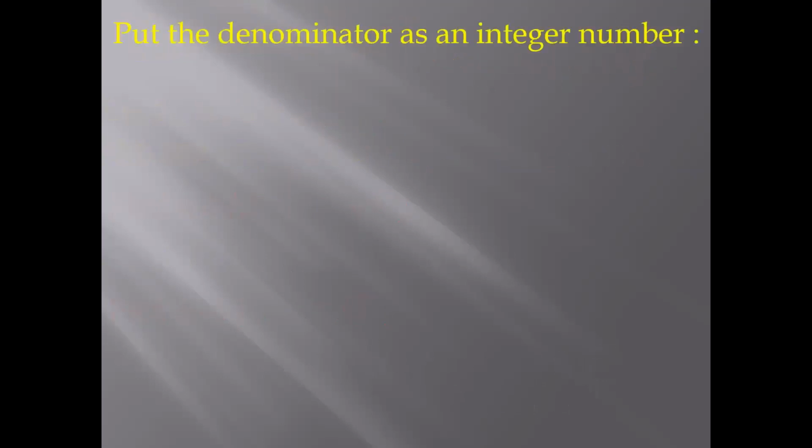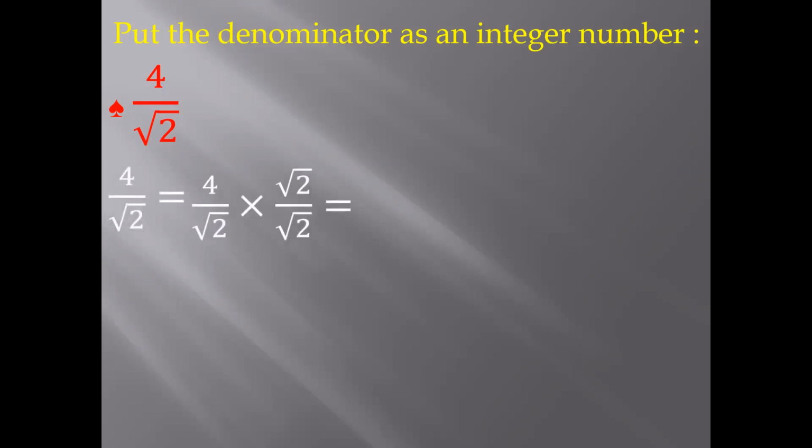Here I have 4 over root 2. The numerator in this fraction is an integer, but the denominator is not an integer because root 2 is a decimal, not an integer. So I must make the denominator an integer. Multiply with what?